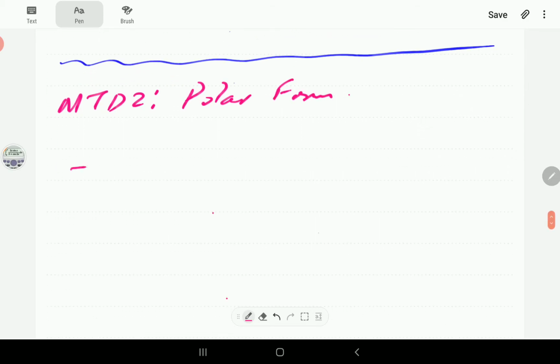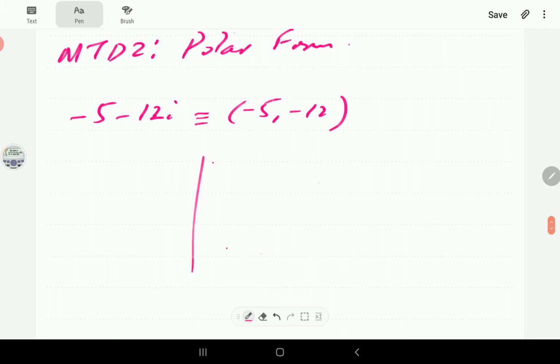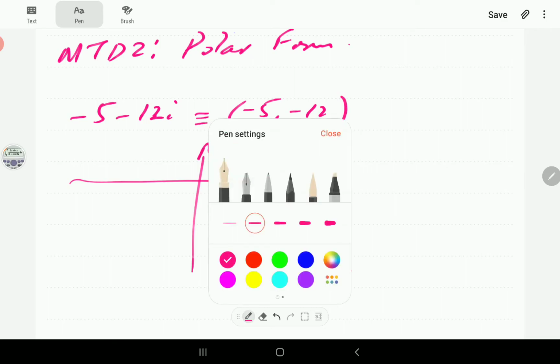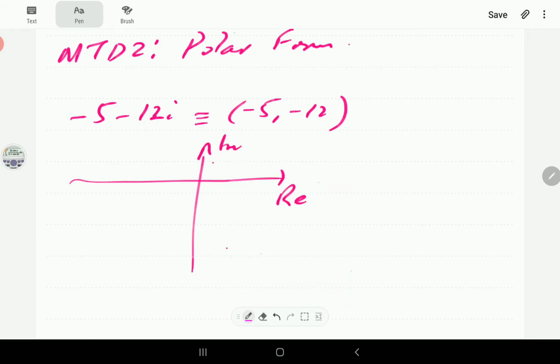We're going to take the number negative 5 minus 12i and convert it to polar. These are the coordinates, which tells us that this number is in the third quadrant. This is negative 5, and that is negative 12.